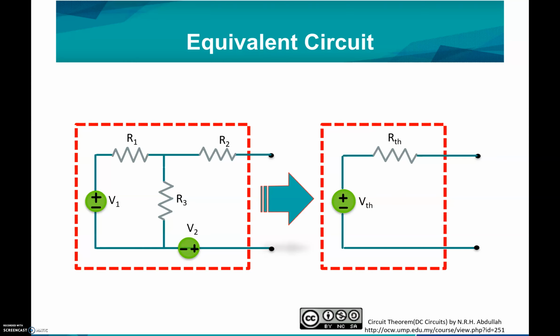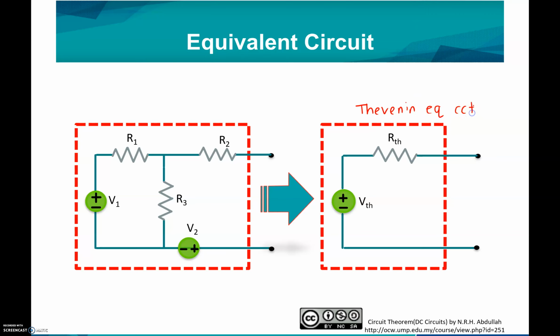As you can see, you have to transform one complicated circuit that consists of a number of resistors and a number of sources, either voltage source or current source, into the R Thevenin and V Thevenin circuit, which is the equivalent circuit of the Thevenin.